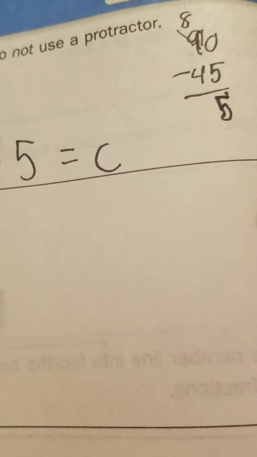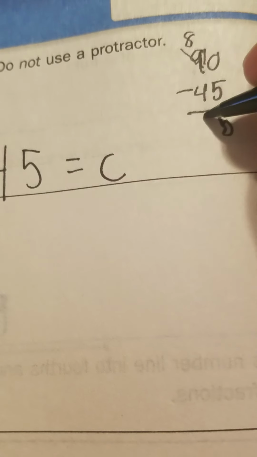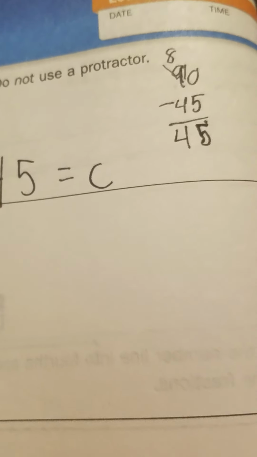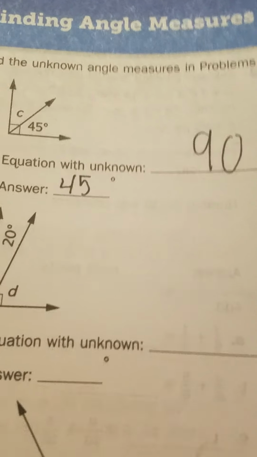And then we have 8 minus 4, and that is 4. So what is our other angle? 45. That goes on answer. All right.